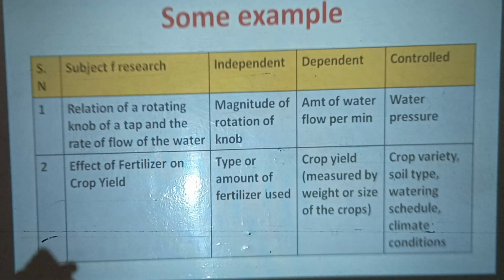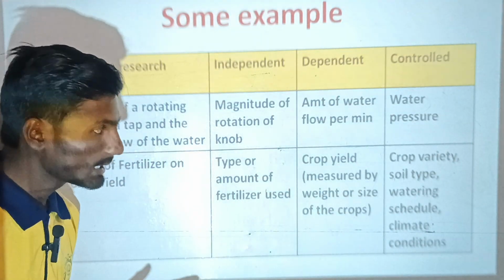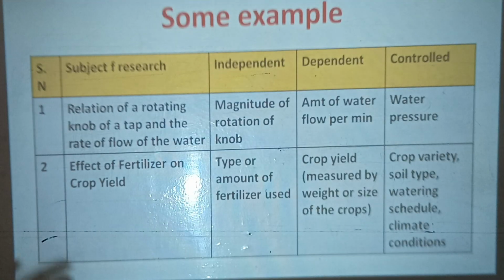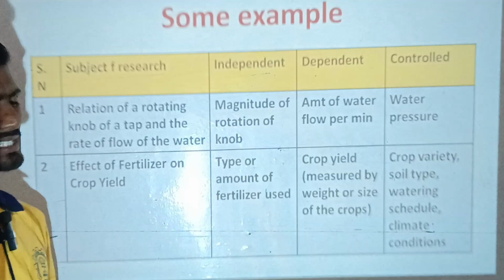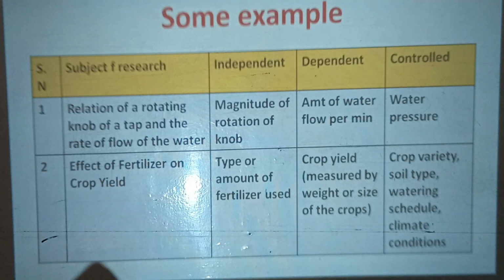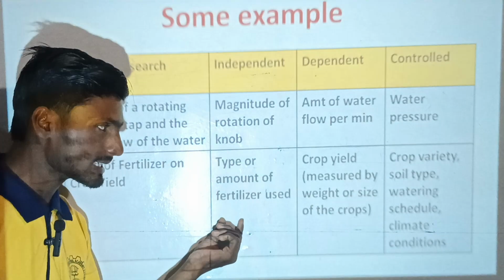But we keep crop variety, soil type, water, climate change, pressure, and many more things constant in that condition. We take only the fertilizer, the fertilizer type and the amount of the fertilizer.